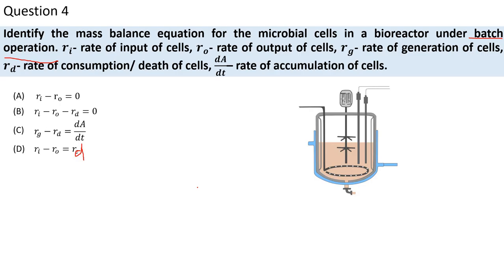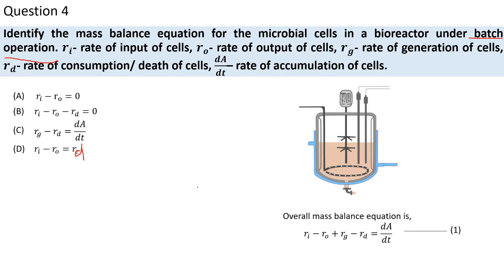How the mass balance equation is written: overall mass balance, rate of input minus rate of output, plus if there is any generation. Obviously generation of cells will be there, right? What will be happening in your bioreactor? You have given nutrients in the medium and you have given an inoculum that will utilize the nutrients, and it will keep on replicating. Replication is nothing but the generation of cells, right?